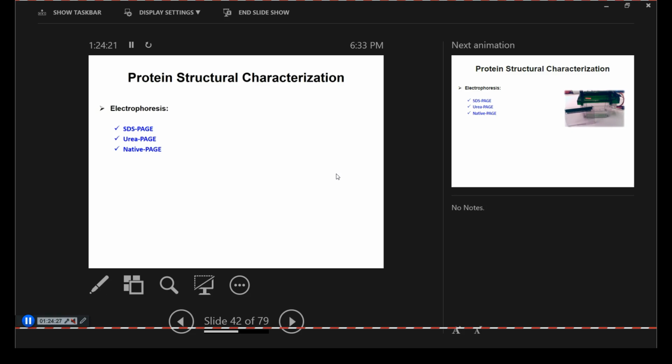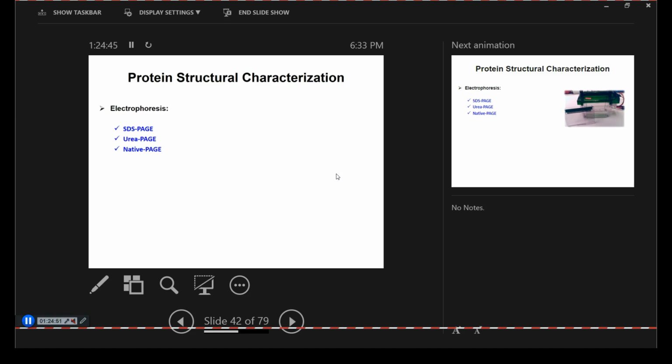Native polyacrylamide gel electrophoresis, I don't do anything to the protein. I don't solubilize it in SDS or urea, just water, and run it. It is native, because SDS results in denaturing of the protein by breaking non-covalent bonds and imparting a net negative charge on the protein.